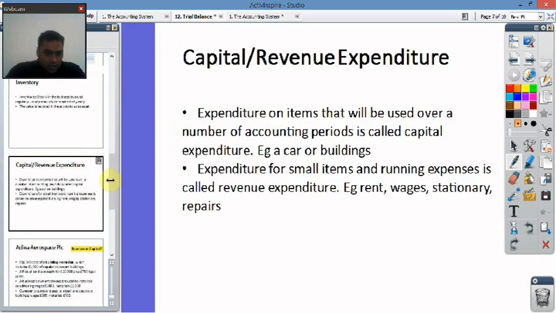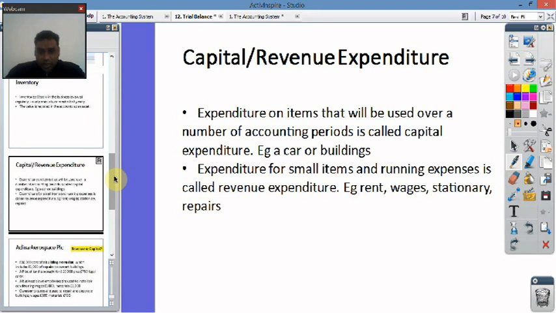Let's carry on. So capital or revenue expenditure. Expenditure on items that will be used over a number of accounting periods is called a capital item, such as a car or buildings. Expenditure that is used for day-to-day running, e.g. wages, rent, or stationery.